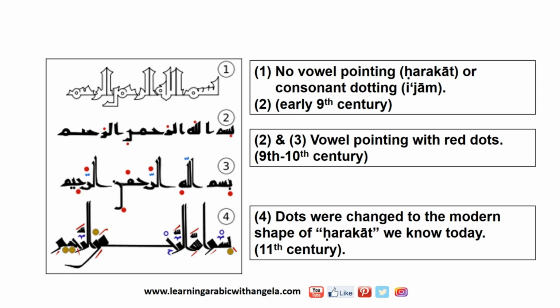Later, a second black dot system was used to differentiate between letters like fa and qaf. Stage 4, 11th century. In al-Farahidi's system, the system that we know today, dots were changed into shapes resembling the letters to transcribe the corresponding long vowels.